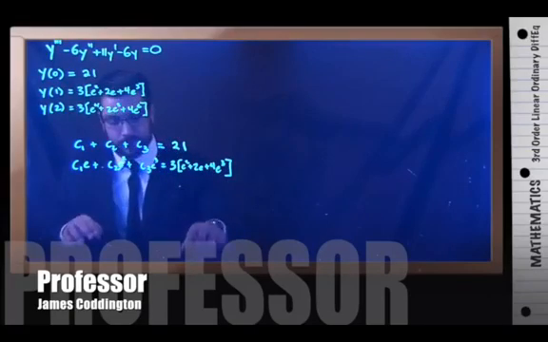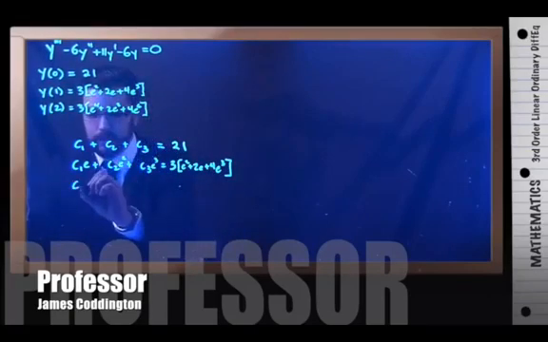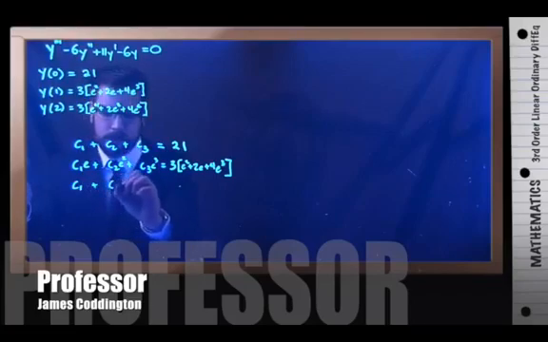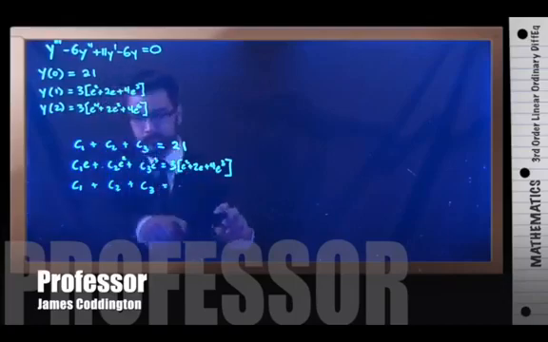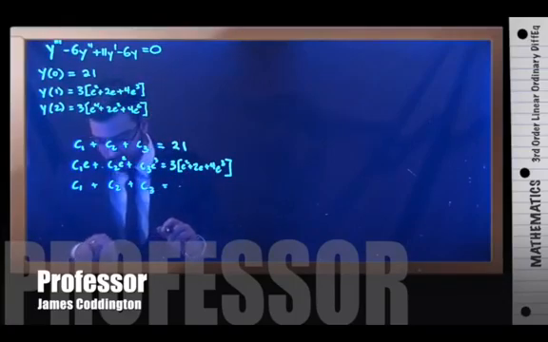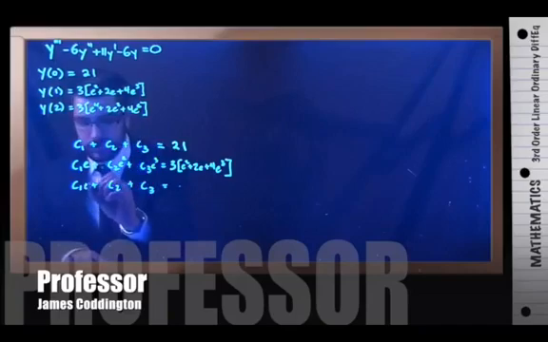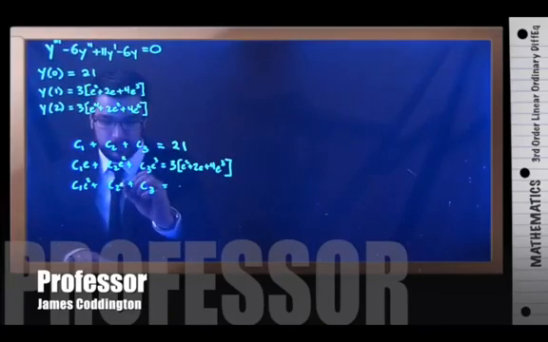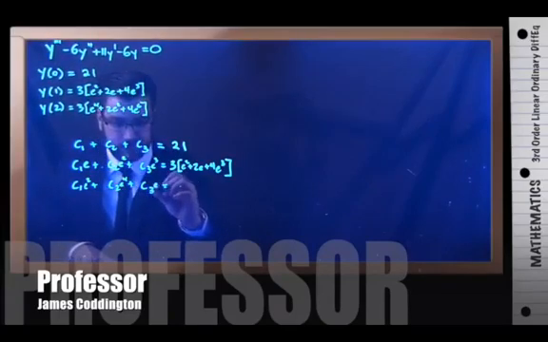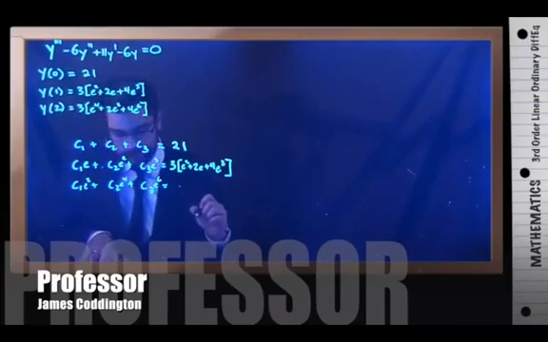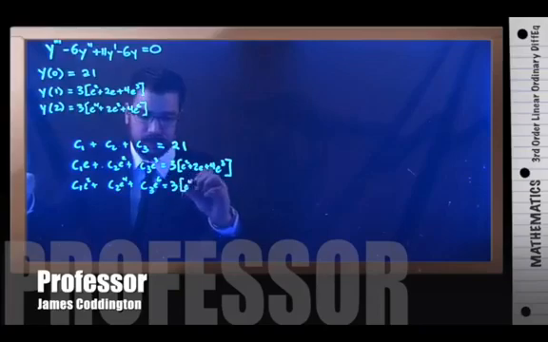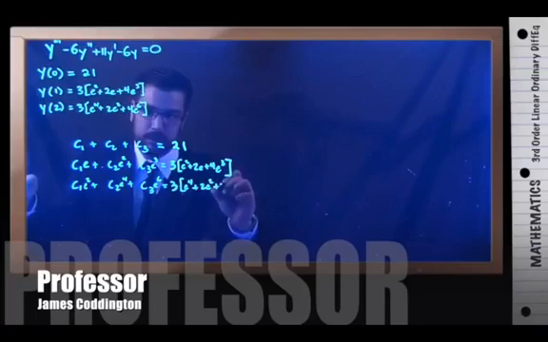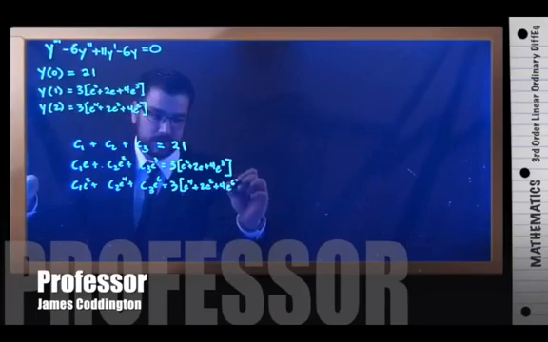Okay? And once again, we have our unknown constants. Okay? And this is e squared, e to the fourth, e to the sixth, and then finally we have this output, 3 times e to the fourth plus 2e squared plus 4e to the sixth.